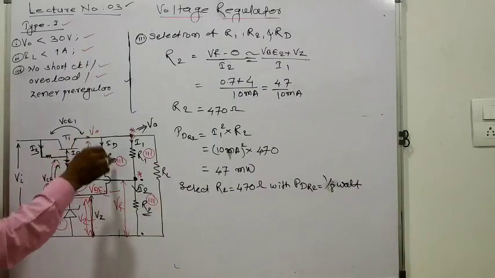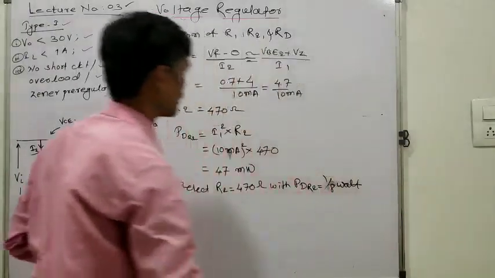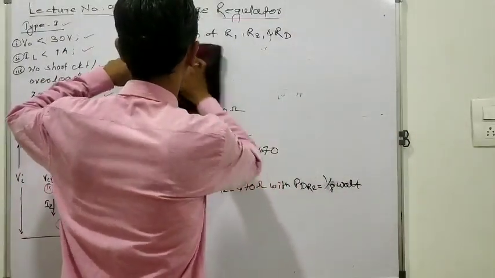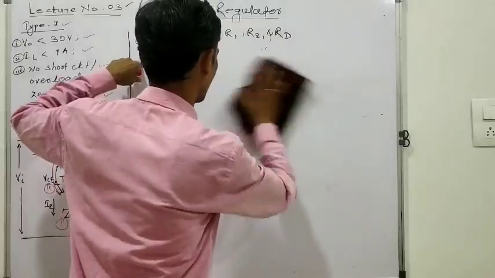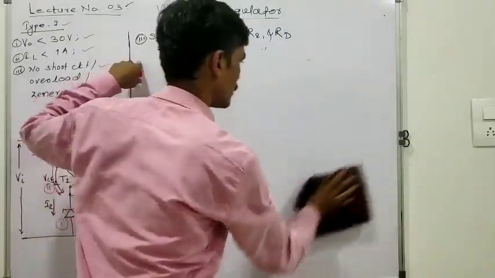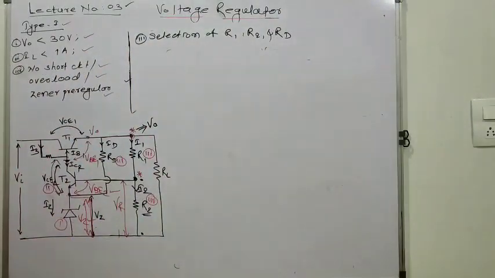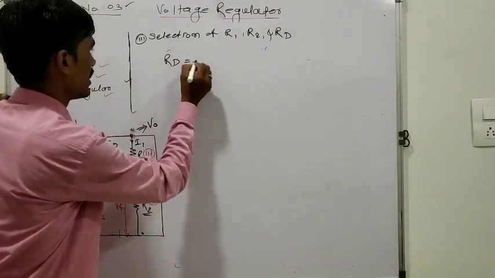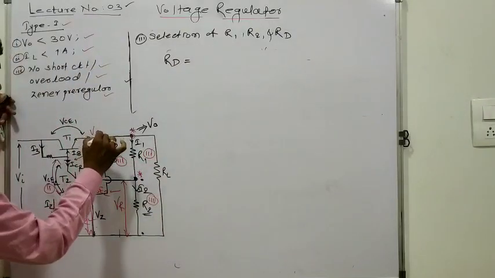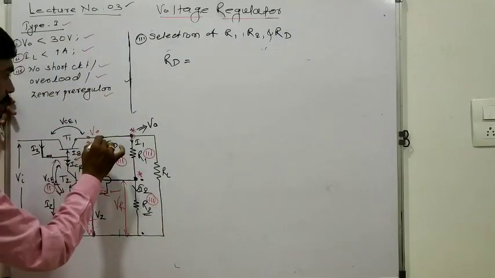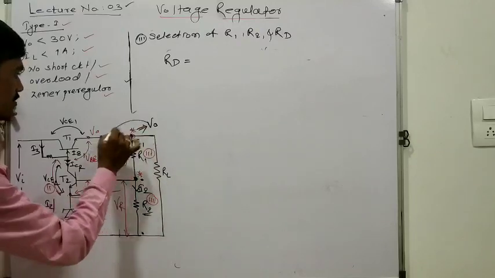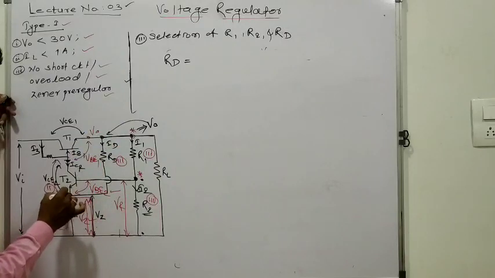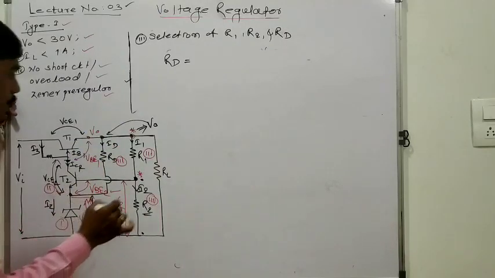Similarly, we go for the selection of RD. So RD is equal to the voltage available at this point, that is VO. A similar voltage will be available here. So VO minus the voltage available at this point, which is VZ.